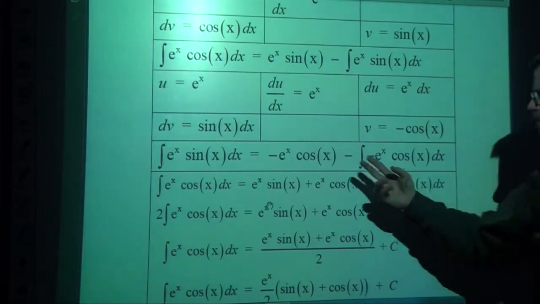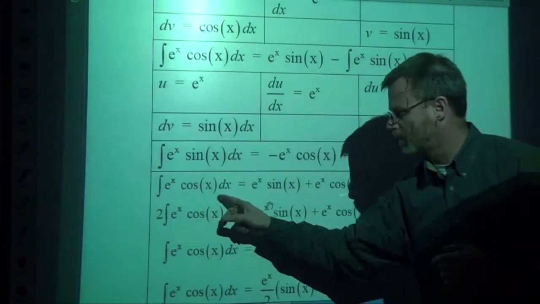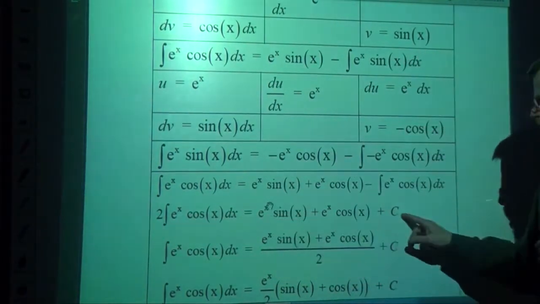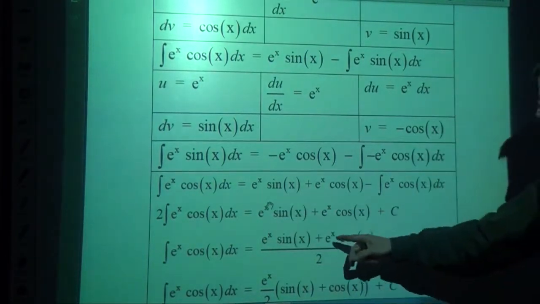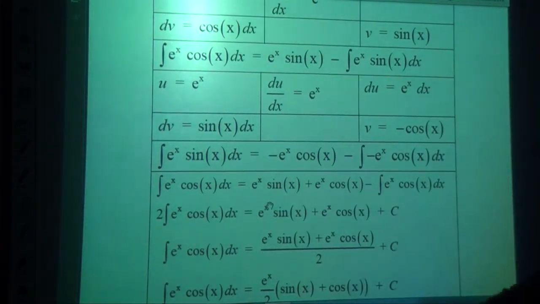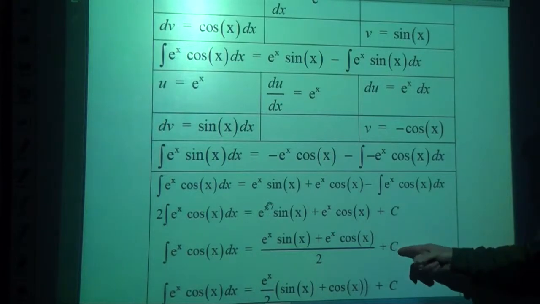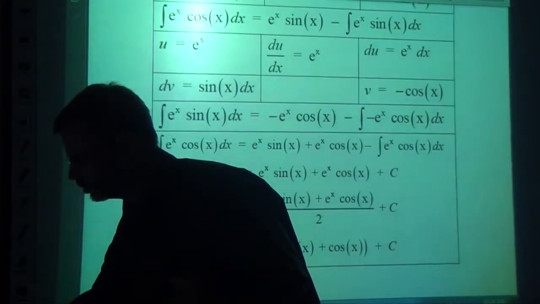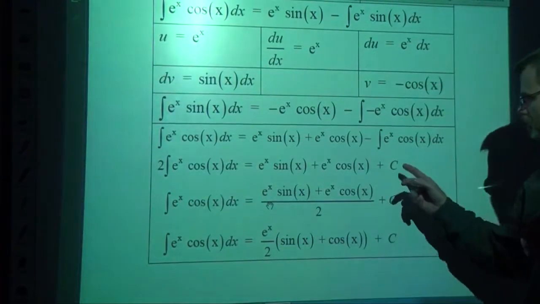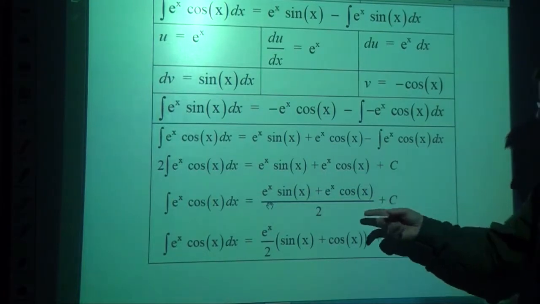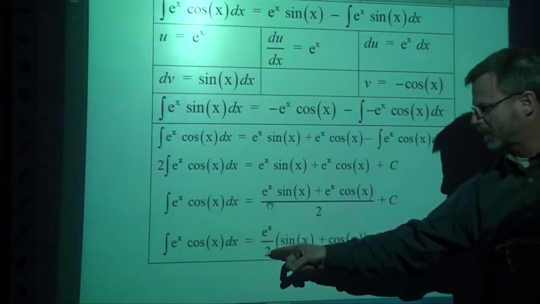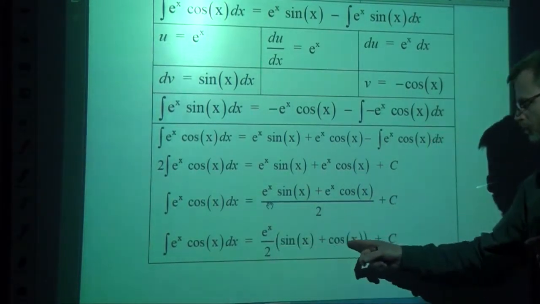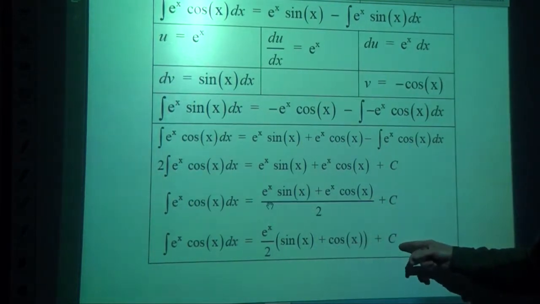So if we add this to both sides, 2 times the question equals just the right. Divide both sides by 2. Now this is the constant of integration. So, C and C over 2 would be the same thing. Not the same value, but we're not putting a value in for this. And then we factor out an e to the x over 2 times this plus your constant of integration.